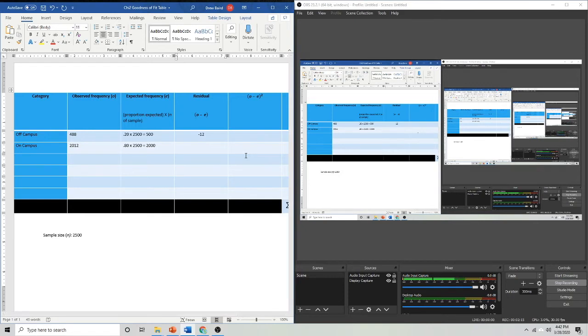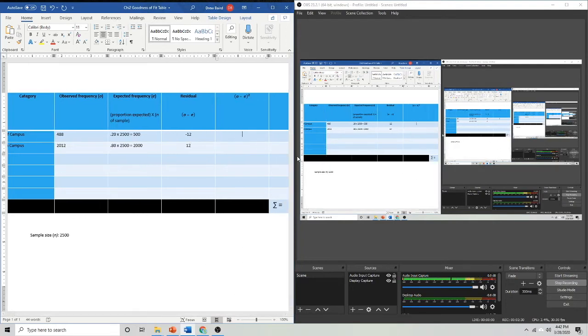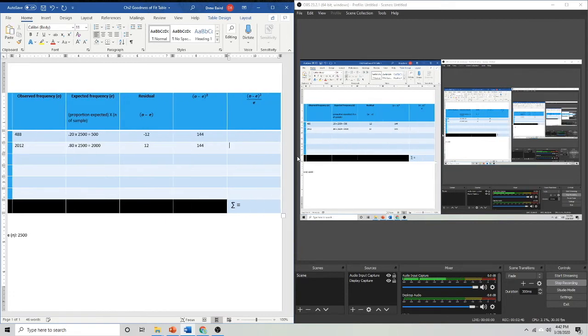That's something to note, but just do the math the same. 2012 minus 2000 is naturally 12. So just the inverse. Then you do your residual squared. In this case it's going to be the exact same thing because you have negative 12 and 12, and when you square them you get the same result of 144.